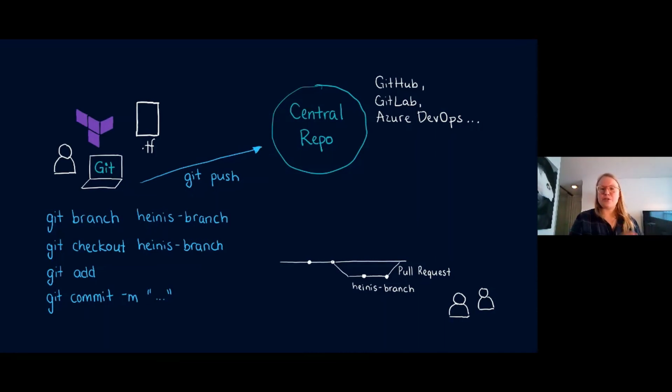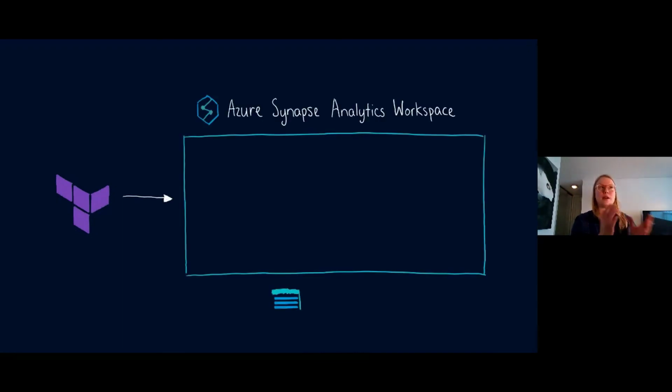So if we think about this entire Terraform thing, what can we really do with it? So with Terraform, what we're able to configure in Azure Synapse Analytics is, like we started with, the Azure Synapse Analytics workspace, that's possible, plus the Azure Data Lake storage. And when we create the Synapse Analytics workspace, we also get the serverless SQL pool.